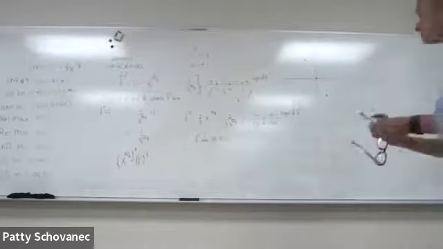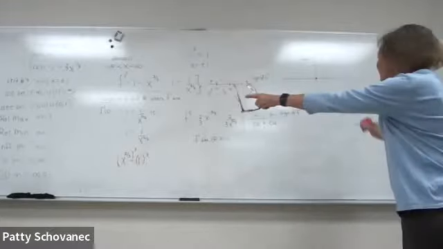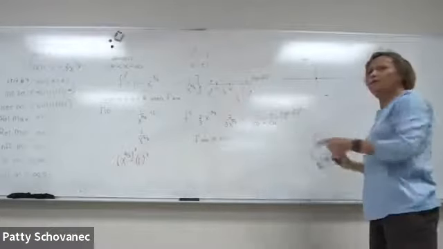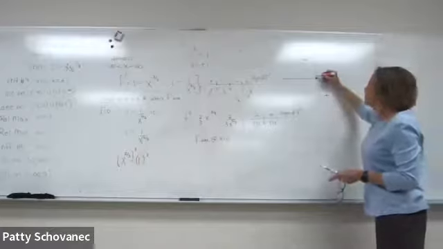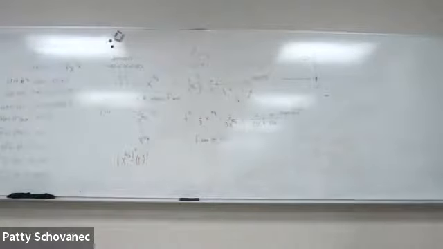We have a relative max here. We have a relative min here. We got the vertical tangent line here. Right, that's what we meant by no derivative.